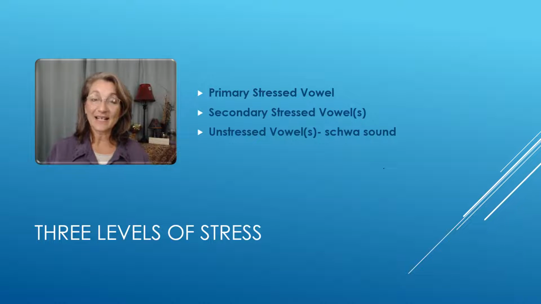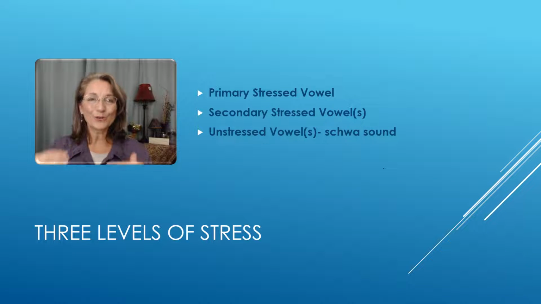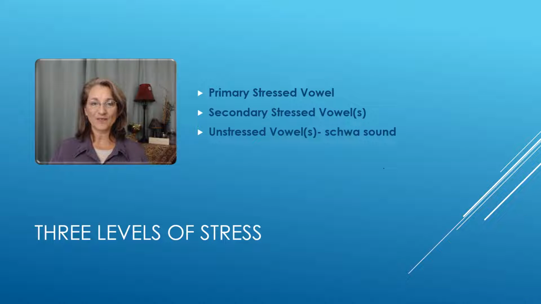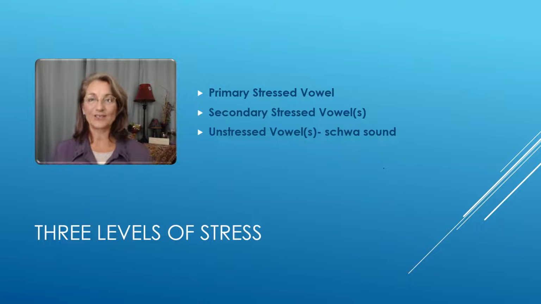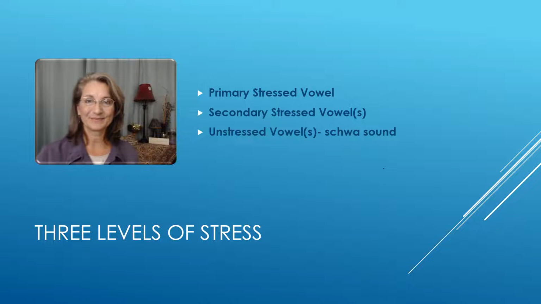You'll have a secondary stressed vowel, which means that you're pronouncing the vowel, but not as long or strong as the primary stressed vowel. And then also that third level are vowels pronounced with the schwa sound. We'll say that's unstressed. So we have primary stressed, secondary stressed, and unstressed syllables.